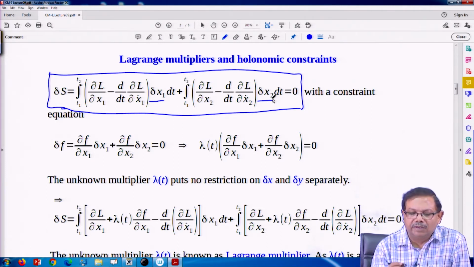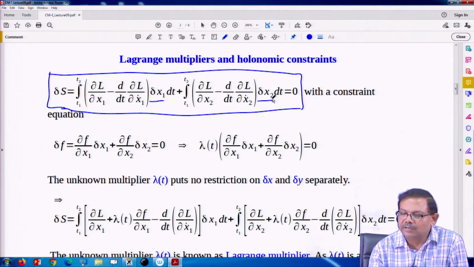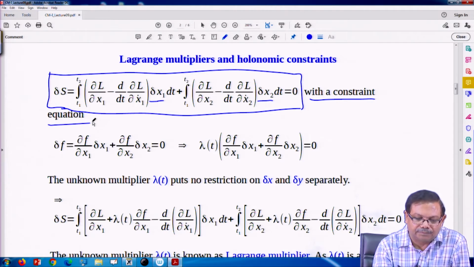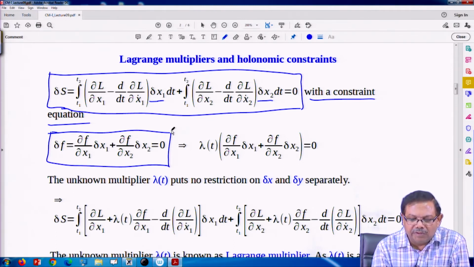So, we cannot take the coefficient of each separately equal to 0. So, let us go back to the constraint. This equation is supplied with a constraint equation, and the constraint equation we also derived. So, in this equation what do we do?